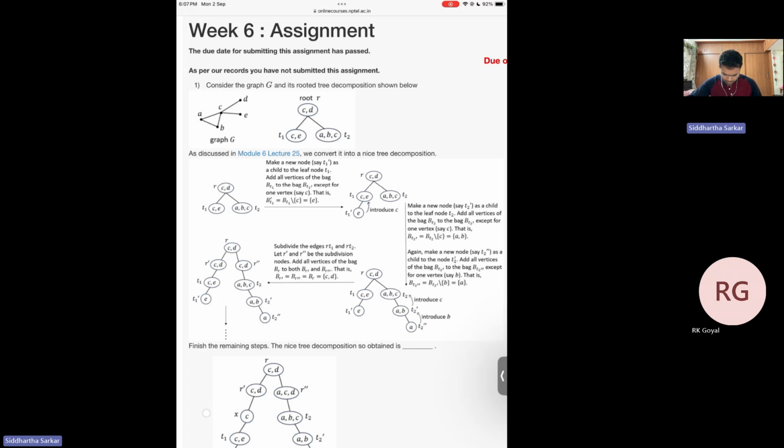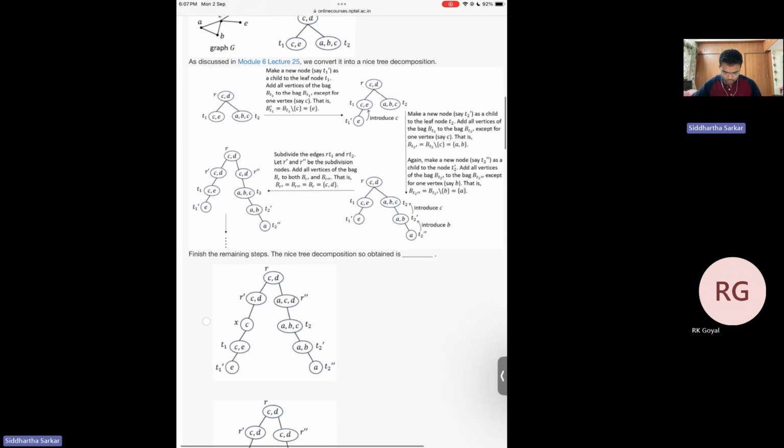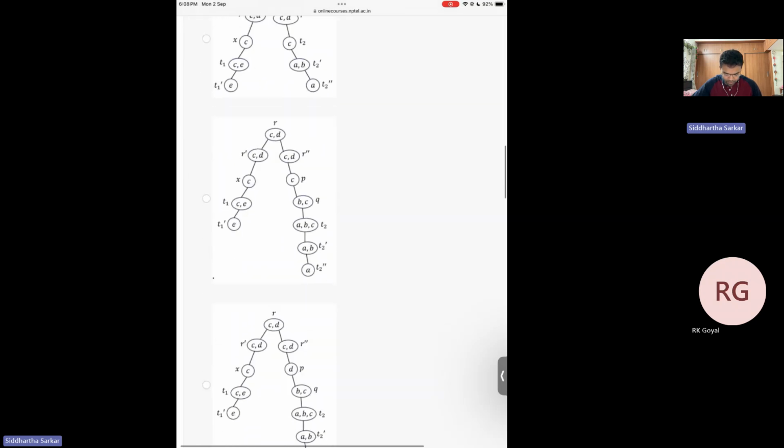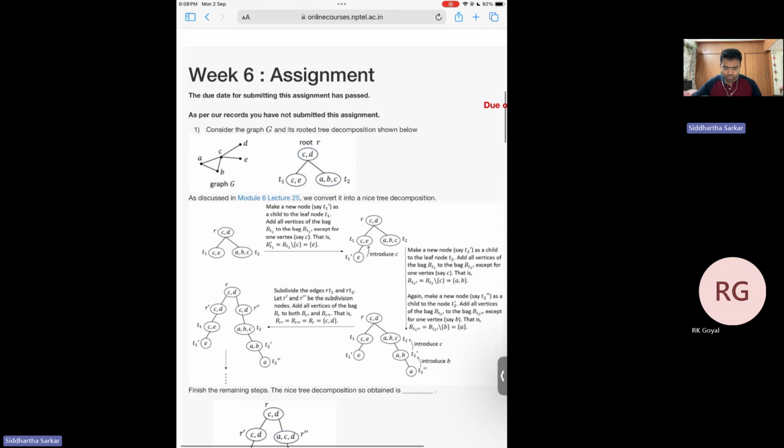Steps 1, 2, 3 are shown, and some remaining steps have to be carried out. On executing those remaining steps, you will find a nice tree decomposition. The question is, which one of these four options is in fact the nice tree decomposition of the given tree decomposition? So first, let us understand what is a nice tree decomposition.